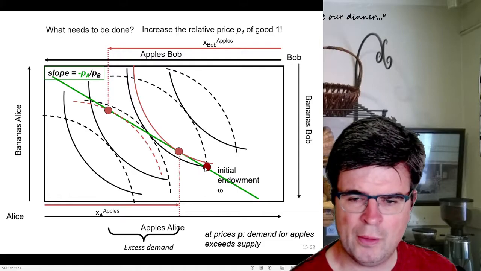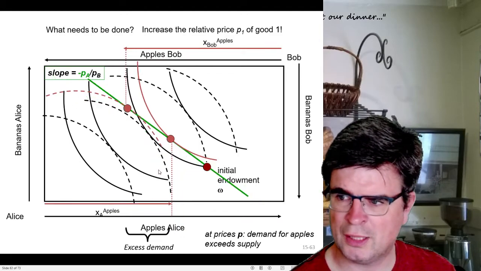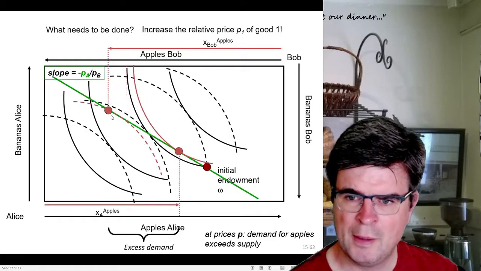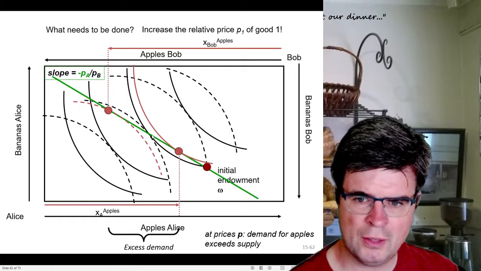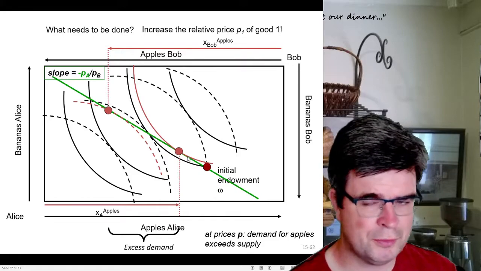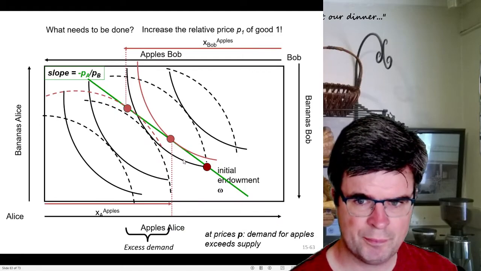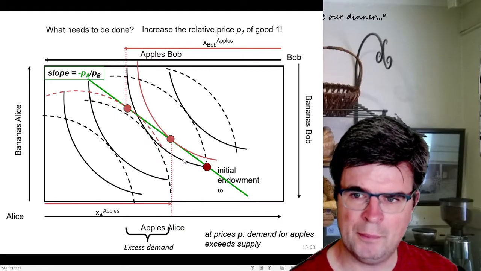So we observe that in equilibrium, this is the highest indifference curve that Alice can reach. The dotted one is the highest indifference curve that Bob can reach, but still the two points don't coincide. So what needs to happen? We need to further increase the price of apples, further steepening the budget lines, and we can do that.